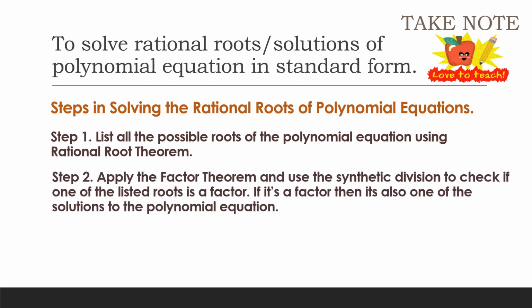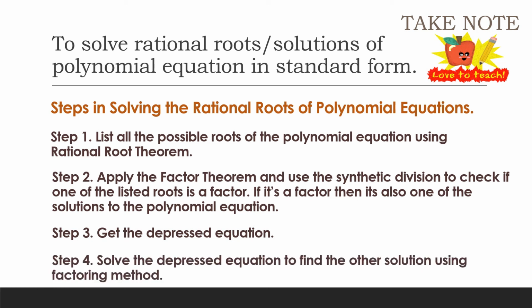Apply the factor theorem and use synthetic division to check if one of the listed roots is a factor. If it's a factor, then it's also one of the solutions to the polynomial equation. Step number 3. Get the depressed equation. Step number 4. Solve the depressed equation to find the other solutions using the factoring method.